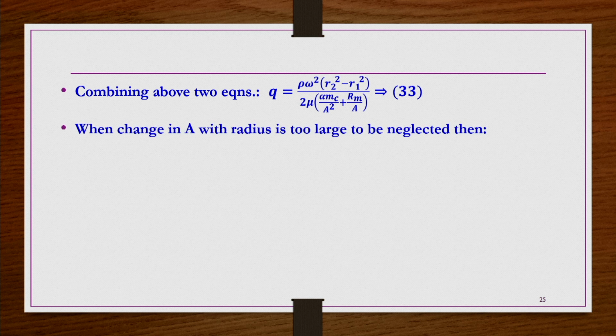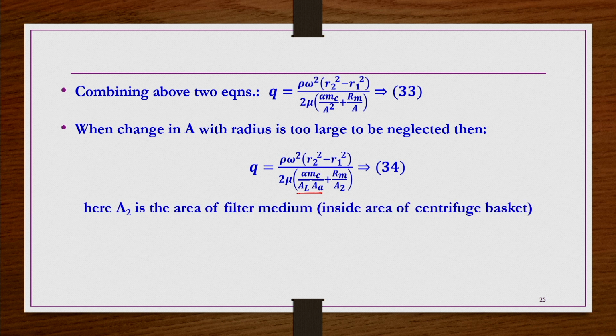Now, when the change in A with radius is too large to be neglected, then A square is written as AL bar and AA bar to match better with experimental observations in general, where A2 is the area of the filter medium, the inside area of the centrifugal basket, that is 2 pi b R2.